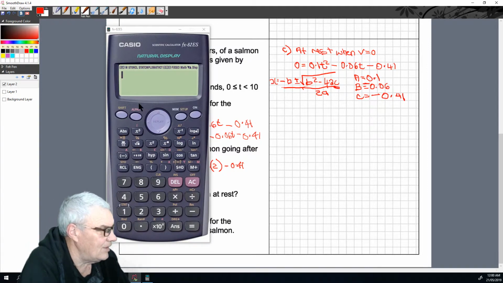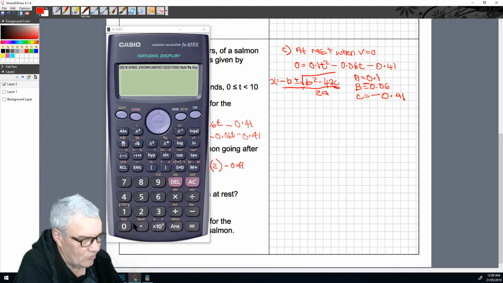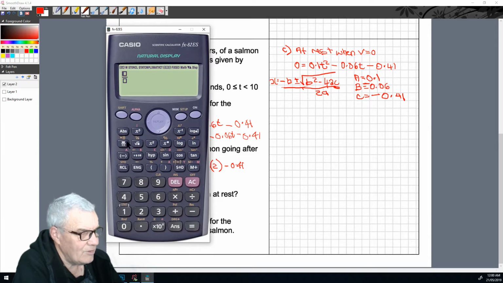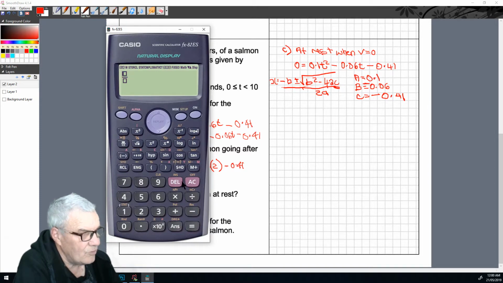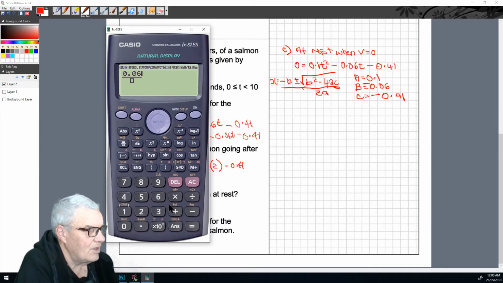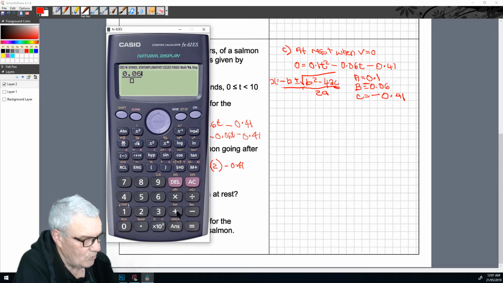Okay, negative b, and b is negative 0.06, so we'll just enter 0.06. That's the negative b.